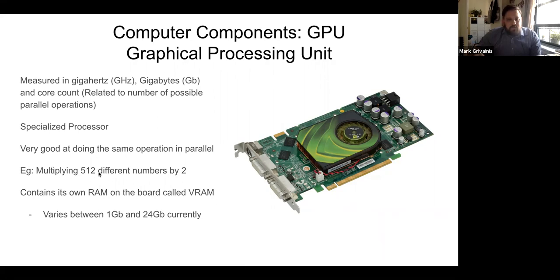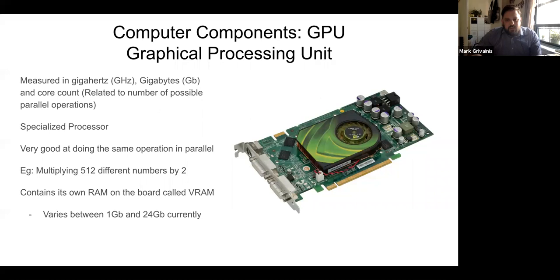So a good example of this is if you had 512 different numbers and you wanted to multiply all of them by 2, the CPU would have to do 512 different operations to cover all 512 numbers. The graphics card can handle all 512 at the same time. So in one clock cycle, it will be able to do large numbers of multiplications.